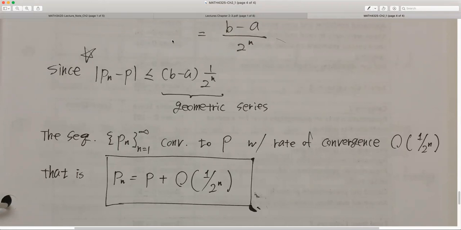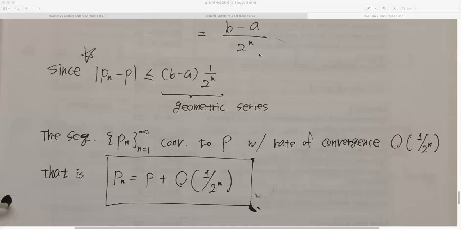give me a second. So this one represents the rate, a constant times 1 over 2 to the nth power. Normally this big O represents the rate, and for example big O of h means a certain constant times h.